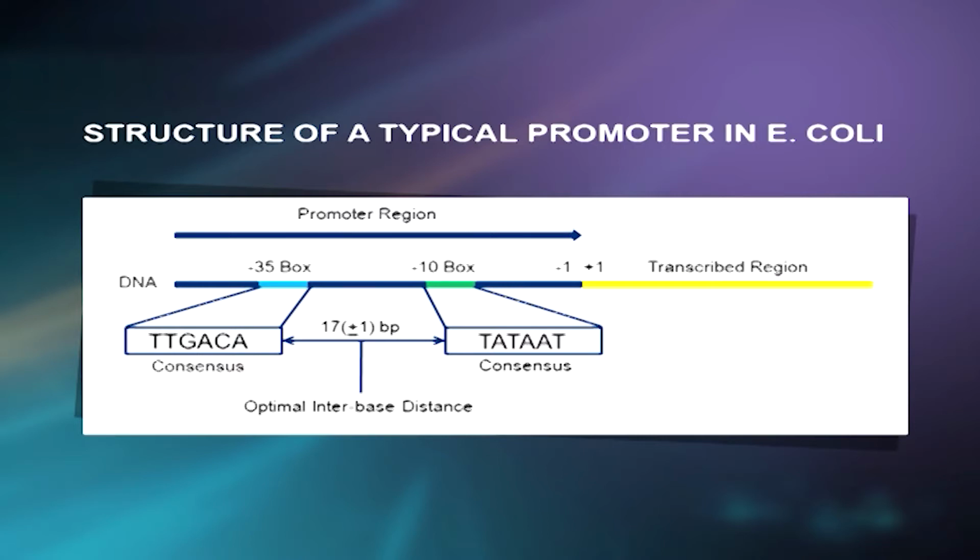The sigma factor initially recognizes and binds to the -35 sequence. Thus, this sequence is sometimes called the recognition sequence. The AT-rich -10 sequence facilitates the localized unwinding of DNA double helix, which is an essential prerequisite to the synthesis of a new RNA chain.